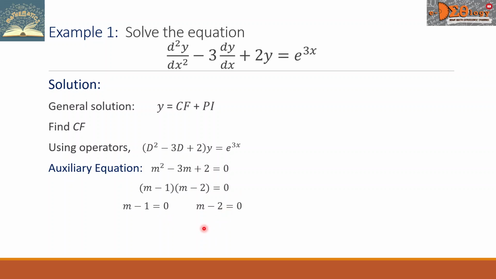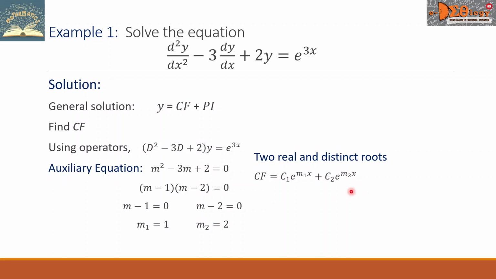We equate each factor to 0. We have m minus 1 equals 0 and m minus 2 equals 0. So the values of m are m sub 1 equals 1, m sub 2 equals 2 respectively. We can see that we have two real and distinct roots. So the formula for the CF is like this.